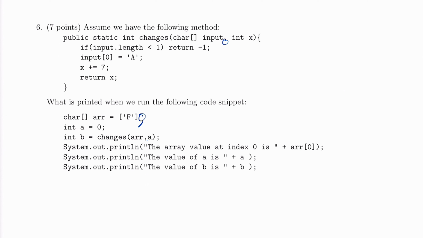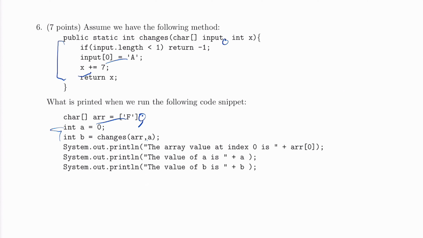So when we go in and change the value f to an a, it changes it both here and here. But integers, or primitives as we call them more formally, make a copy and send that. So when we increment x, we're only incrementing it in this context, not in this one.